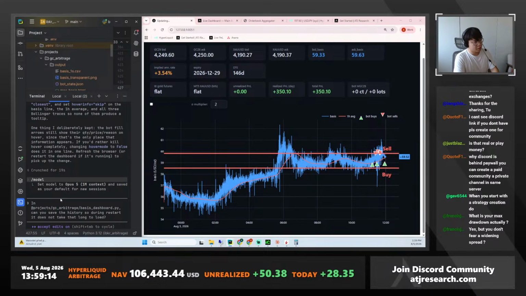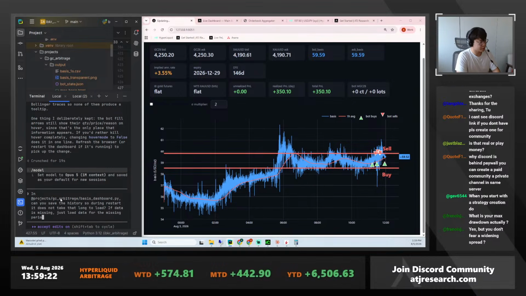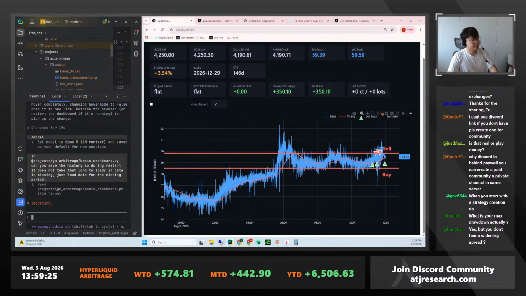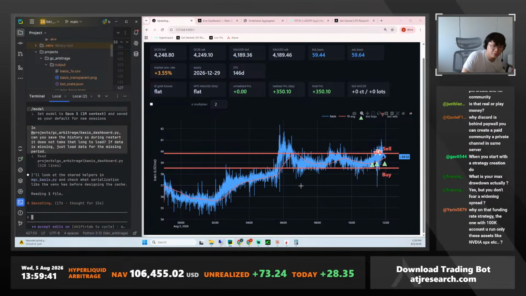And then if data is missing, just load data for the missing period. Basically I'm telling Claude to save this inside some CSV file, and when we restart the app, don't use the API again, and then we should load faster. It will also be easier for our development, because every time I restart, I have to wait a minute until I can actually start doing something, right?